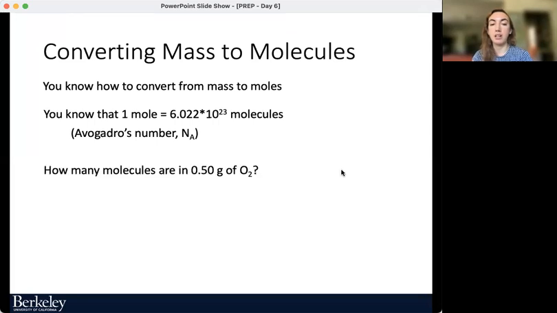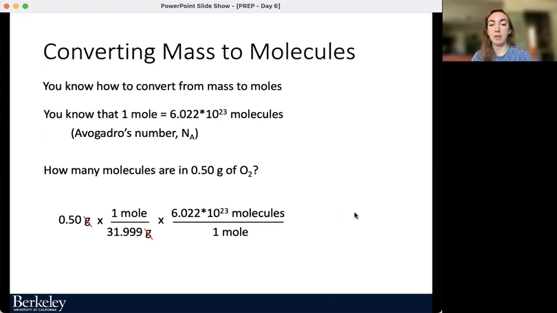So if I wanted to know how many molecules are in, for example, 0.5 grams of oxygen, I would convert my grams to moles using my molar mass so that those grams cancel out. And then I would convert my moles to molecules using Avogadro's number. So 1 mole is 6.022 times 10 to the 23 molecules. Those moles cancel out and I end up with 9.4 times 10 to the 21 molecules.